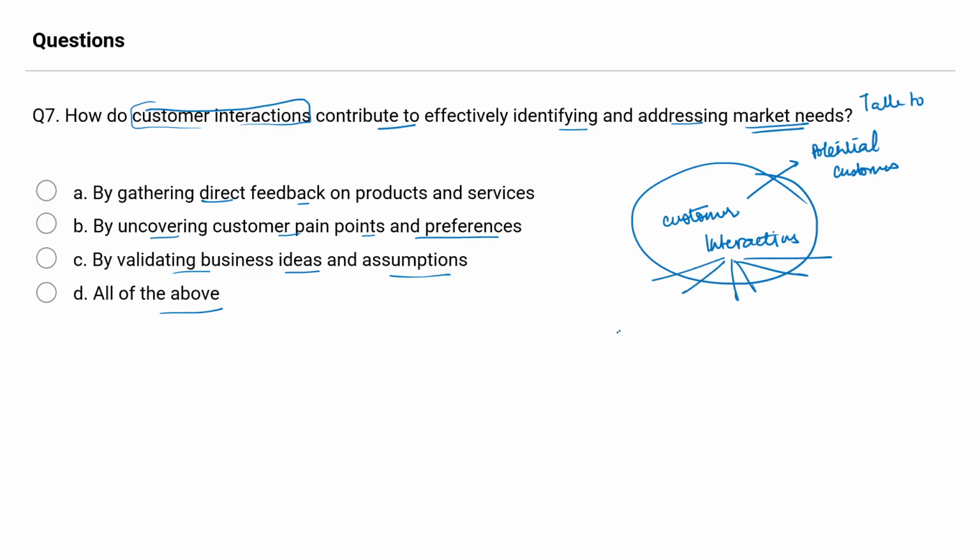Okay, it can be in person, can be over a call, or it can be in write-ups and chats, right? So you need to tell us how they contribute to addressing market needs.